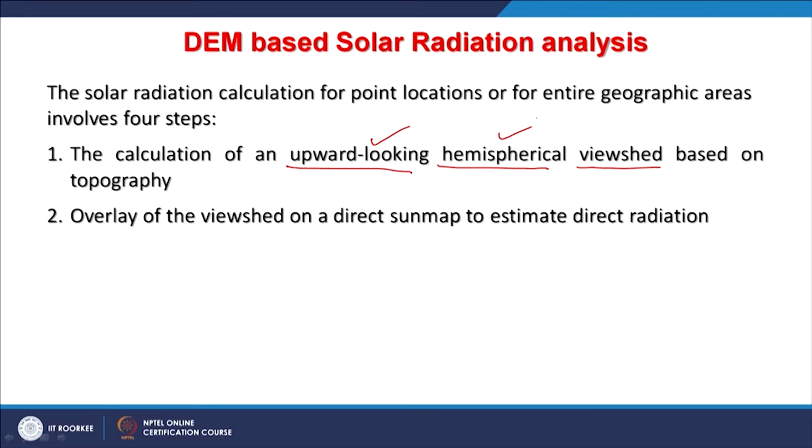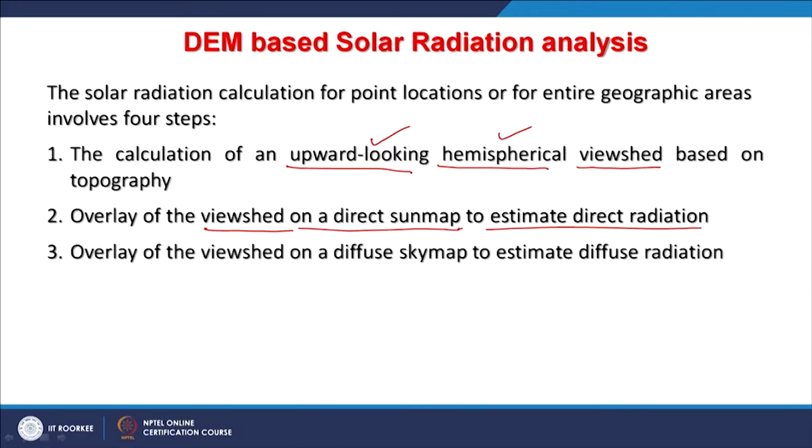Now, what we do is overlay the viewshed, which will be calculated keeping it upward looking and hemispherical, on a direct sun map to estimate the direct solar radiation, and overlay the viewshed on a diffuse sky map to estimate diffuse radiation. So, we can calculate not only the direct radiation, but also the diffuse radiation.